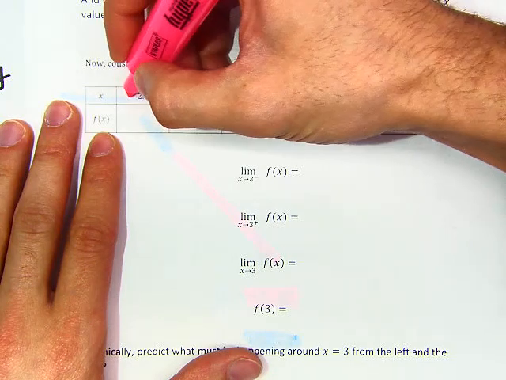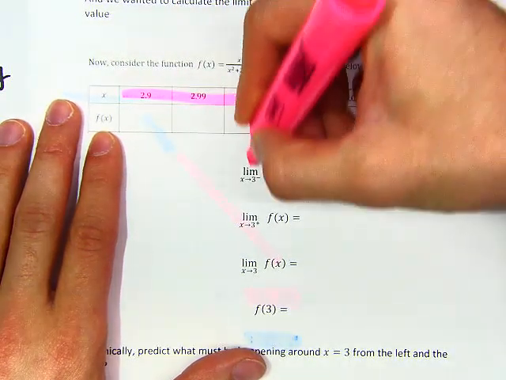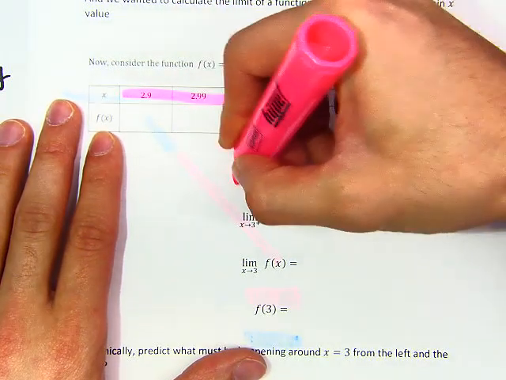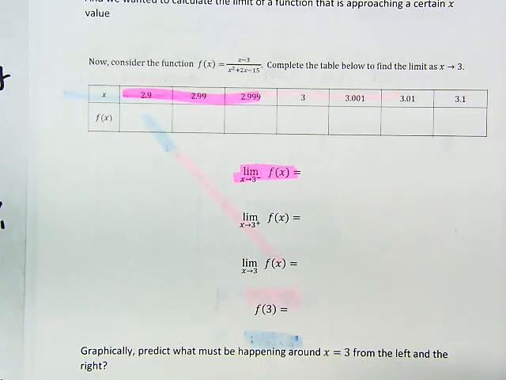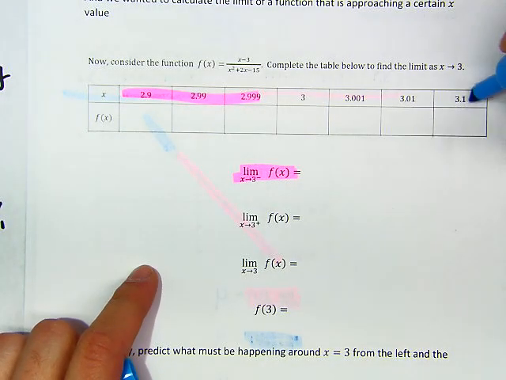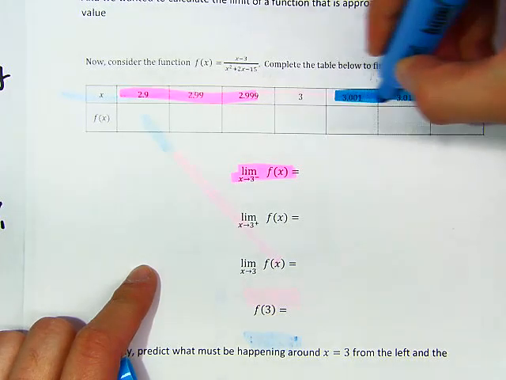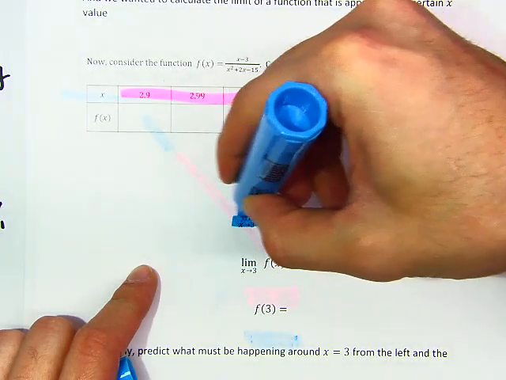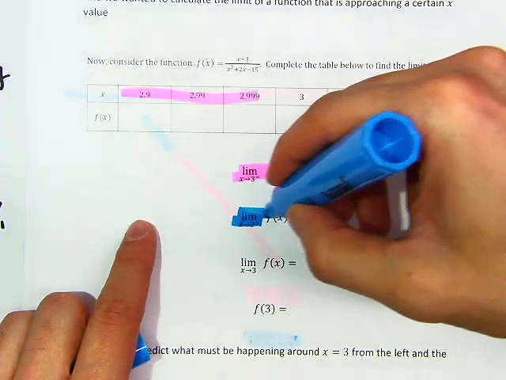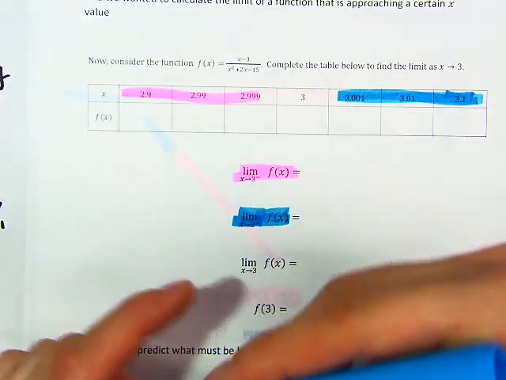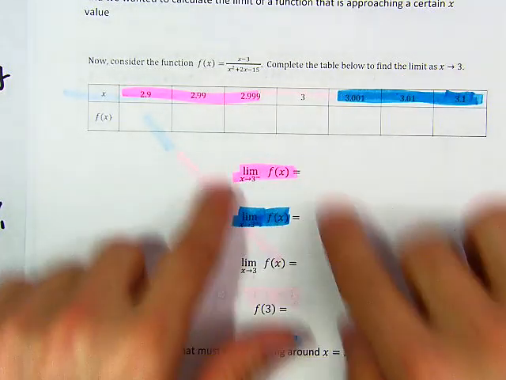These x values over here mean I'm coming from the right. Let's see if they both converge to the same point, to the same y value. Okay, so take your time and plug in the y values.